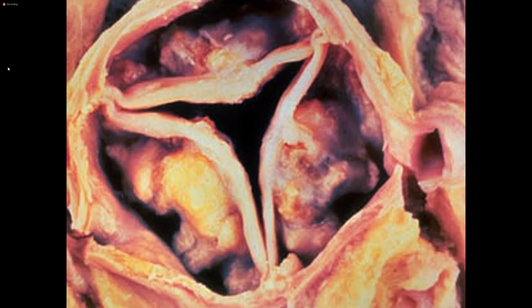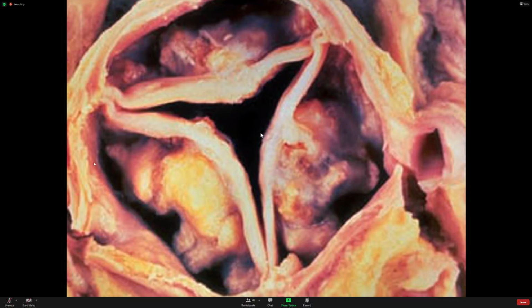Now what happens in these patients is that you find there is aortic stenosis. So there is very high resistance, and therefore the pressure gradient before the valve and after the valve is a big difference.